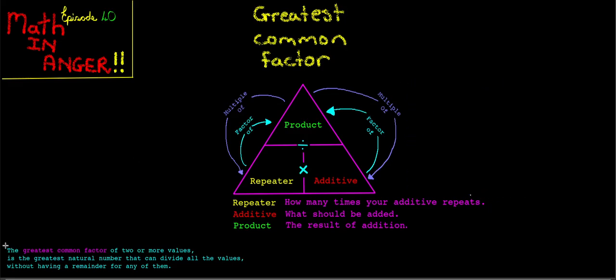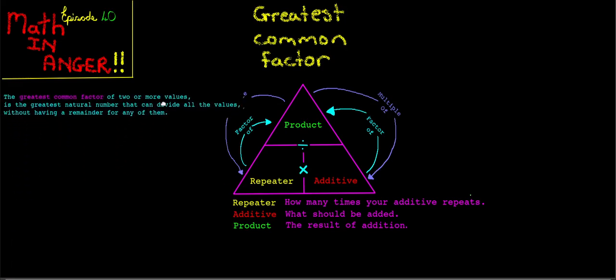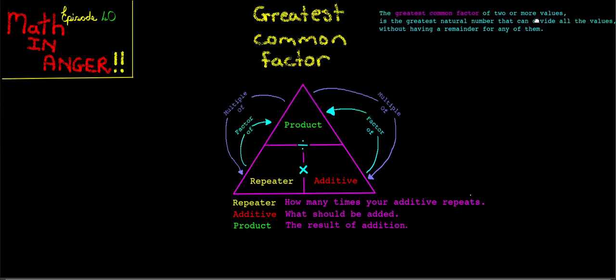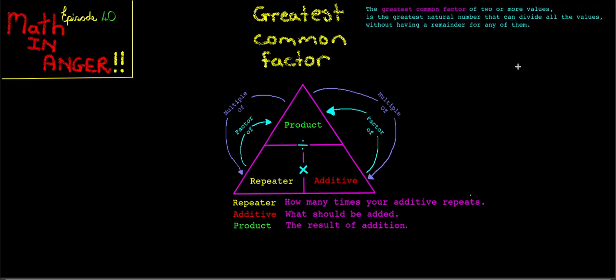Right now, I'd like you to take a look at this. This is a very formal definition for what the greatest common factor is, right? The greatest common factor of 2 or more values is the greatest natural number, this is important, the greatest natural number that can divide all the values that you are working with without having a remainder for any of them. Okay?